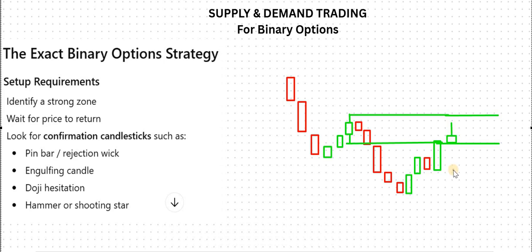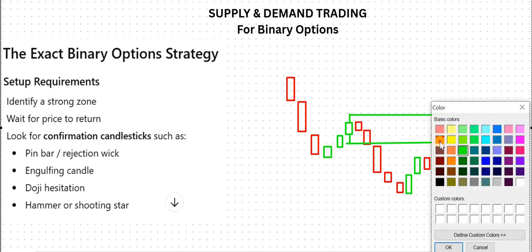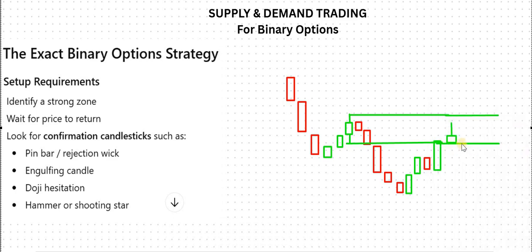We might also have an engulfing candle, whereby after this candle we have a pin bar and an engulfing candle in one, like this. Yes, engulfing. This adds more confluence. We can also have a doji, the hammer, the shooting star. You just see those candlesticks here.